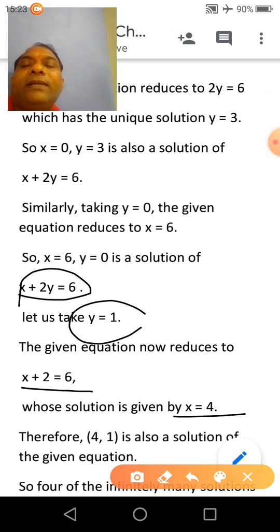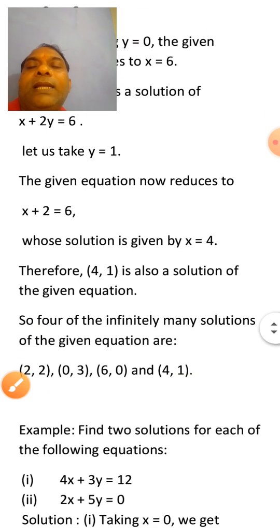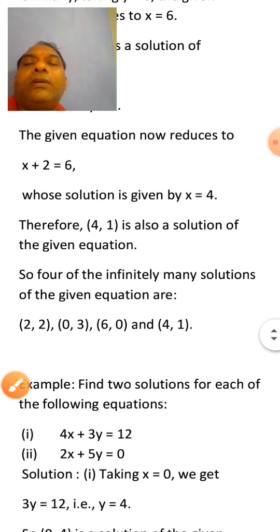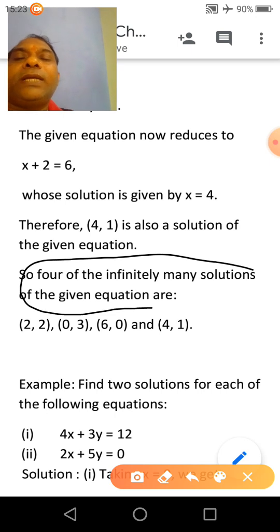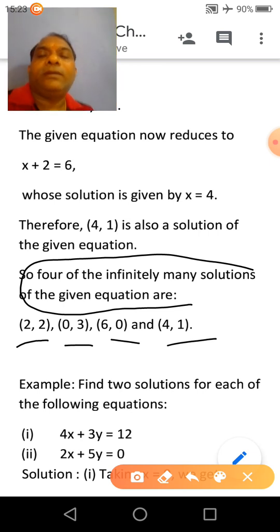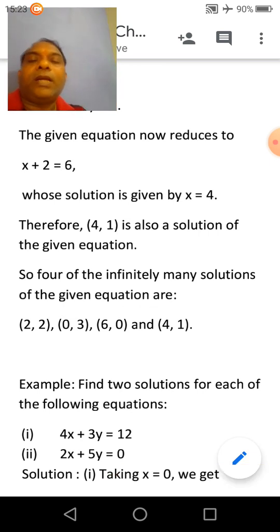So x is equal to 4 and y is equal to 1, meaning (4, 1), is also a solution of the given equation. Clear? So 4 of the infinitely many solutions of the given equation are (2, 2), (0, 3), (6, 0) and (4, 1). Clear?